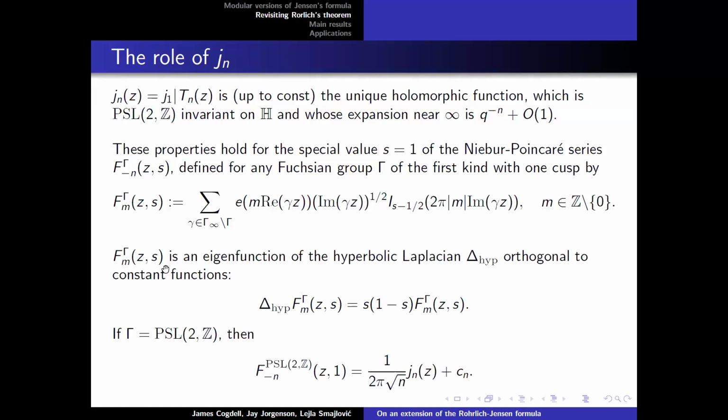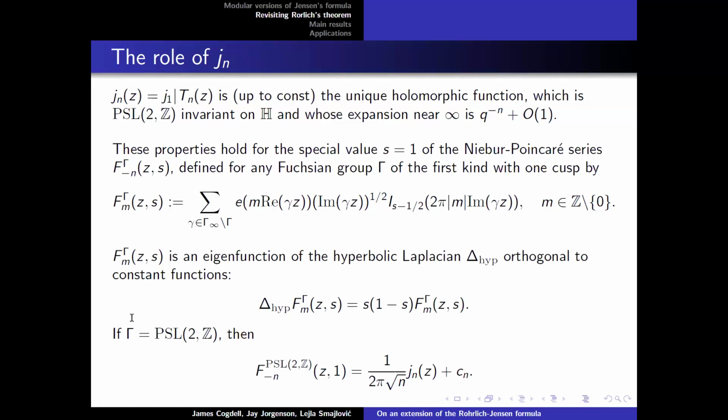Moreover, for any group Γ, let's say with one cusp, and m any integer different from 0, this function is an eigenfunction of the hyperbolic Laplacian with eigenvalue s(1-s), and it is moreover orthogonal to constant functions.